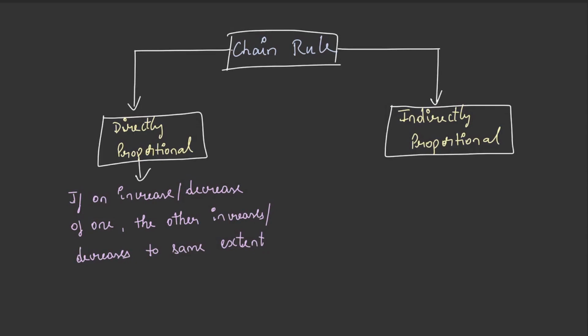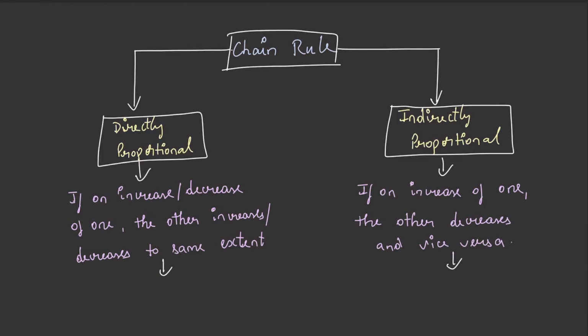That is, if on increase of one quantity, the other decreases, and vice versa. An example of directly proportional is, if the number of items to be purchased increases, then cost also increases. On the other hand, the example for indirectly proportional is, if number of men increases, then the work time decreases.